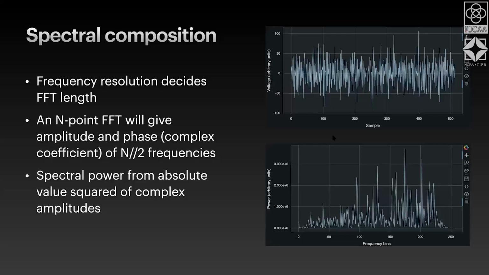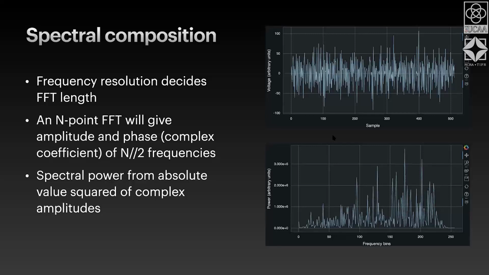Now, this complex amplitude essentially is the magnitude of it, and also the phase, which is at what phase they are combined to get this time series. If you take the absolute value square, you'll get the spectral power, which is plotted in the bottom diagram. So this is for just one set of 512 samples.